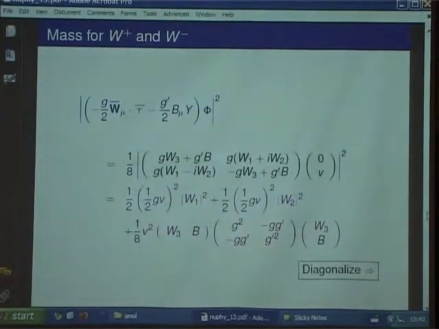Okay, we will do the mixing angle. We have seen before what happens when you have to mix. Tan 2 theta is easier. What is tan 2 theta?